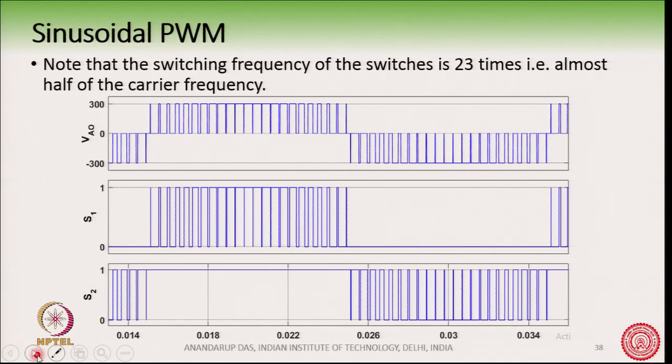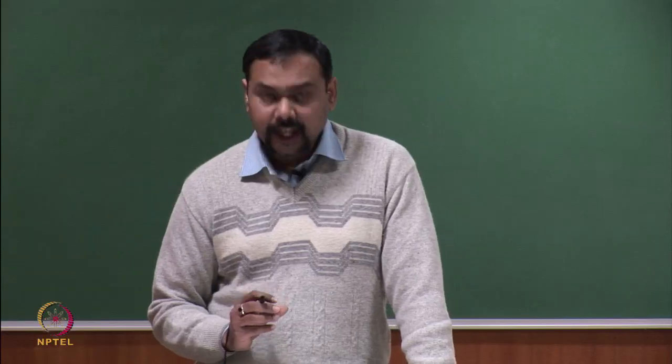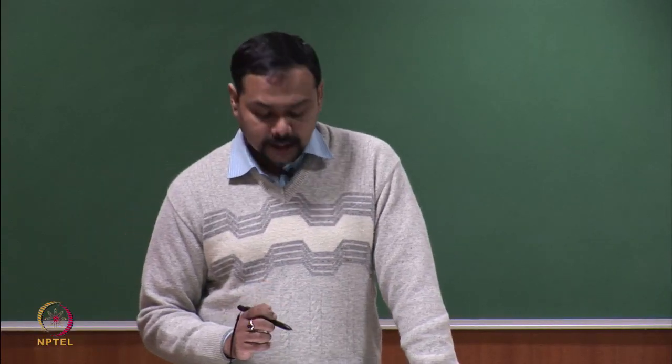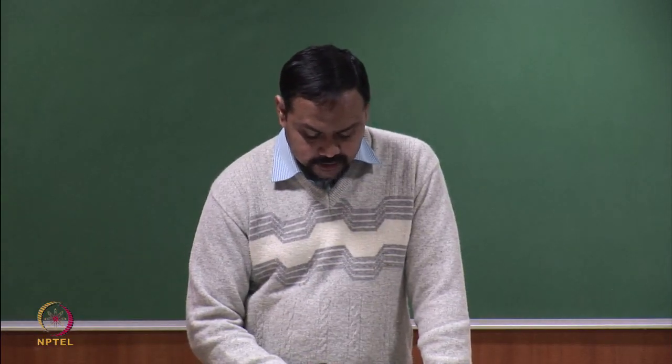Now, this waveform shows the VAO voltage as well as the pulse pattern, the gate pulses given to the upper two switches S1 and S2. You see there is a change of pattern of the two switches S1 and S2.